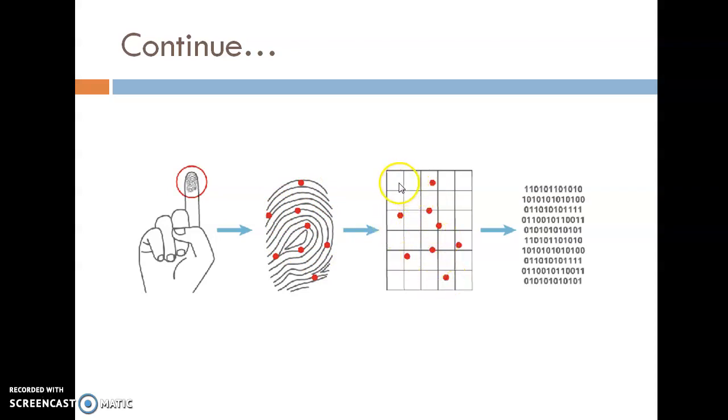Now for the red spot the value is 0, and for the white spot the value is 1. So it creates an image like 1 1 0 1 1. The fingerprint scanner works in two parts basically.